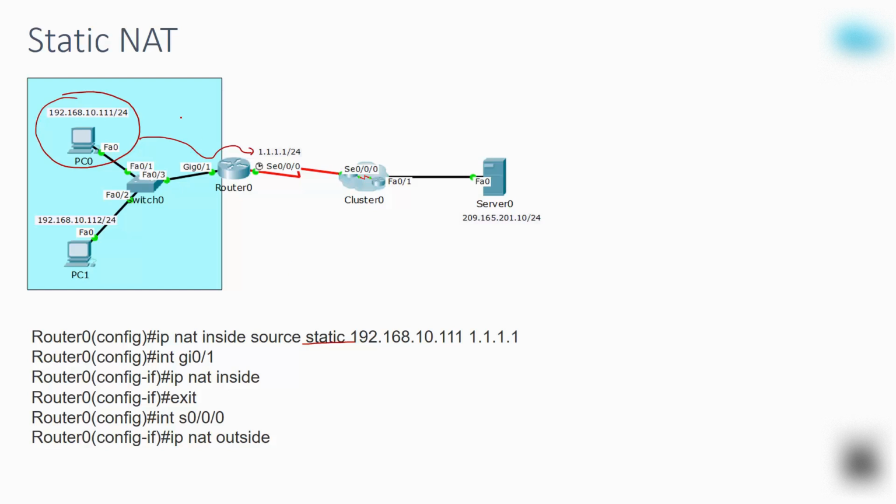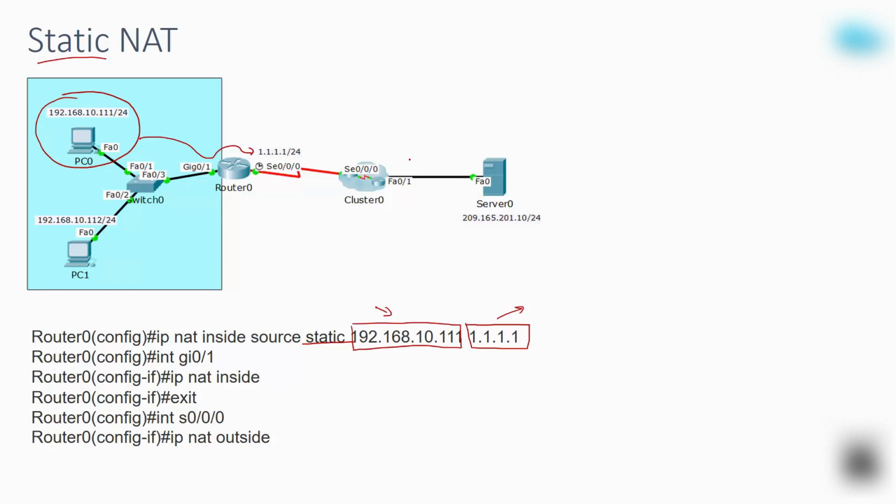It defines that we are going to make a one-to-one translation, translating our inside local address to an inside global address. So when the packet enters the router, it will enter with a source IP address like this.